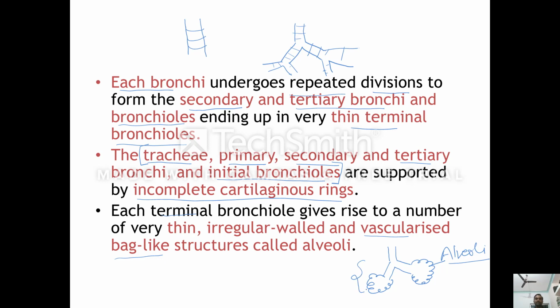This is a vascularized bag. Alveoli is the main site of exchange of gases, where exchange of O2 and CO2 takes place.